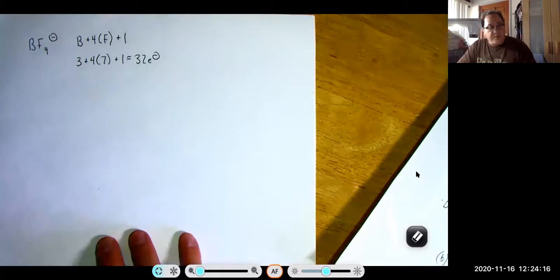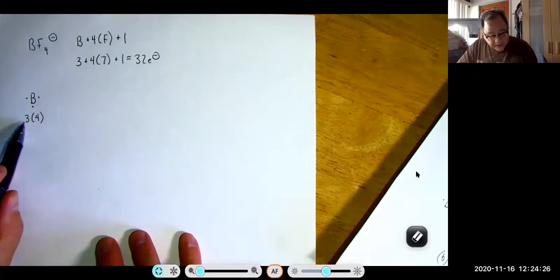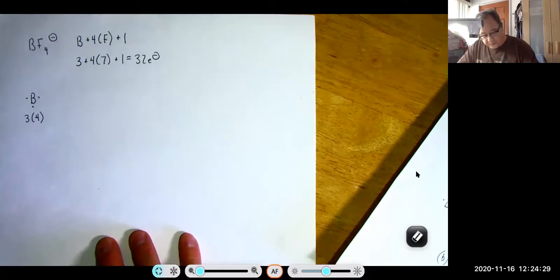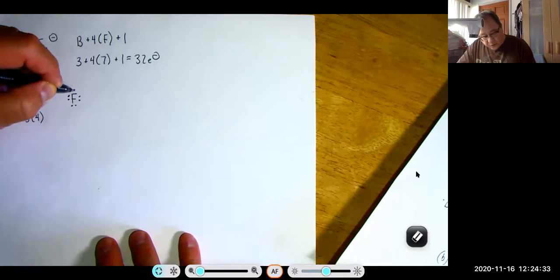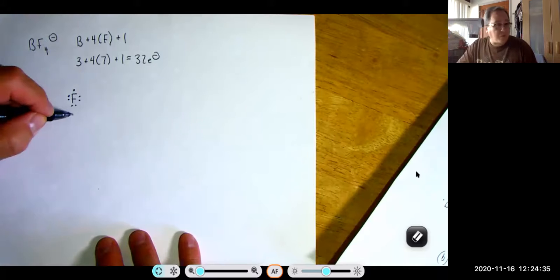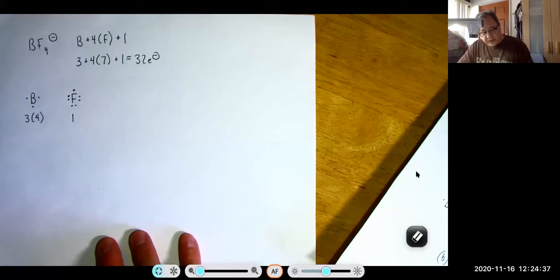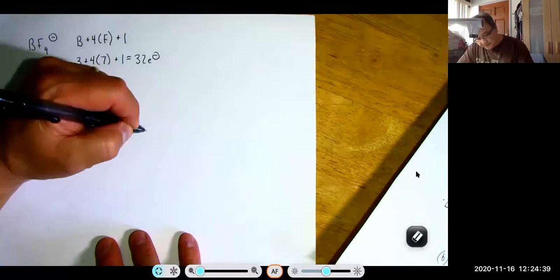Now, which atom are you going to put in the middle? Boron usually makes 3 bonds, but it can also make 4, it turns out. And the reason we say it usually makes 3 bonds is because it has 3 singles. Fluorine, with its 7 valence electrons, has 1 single, so it makes 1 bond. So naturally, we're going to put boron in the middle.